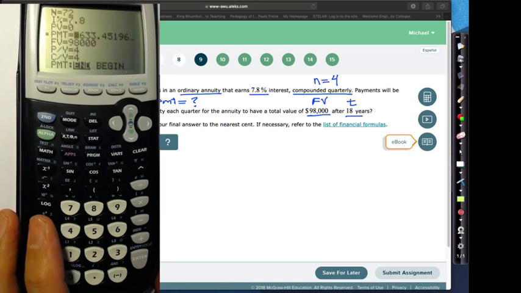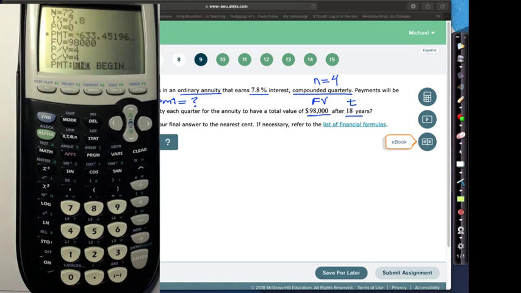Now it says negative, but remember that's just the direction of the money. $633.45 needs to leave her pocket every quarter so that at the end of the 18 years, the 98,000 will come to her for spending. Okay, so that's all there is to that.